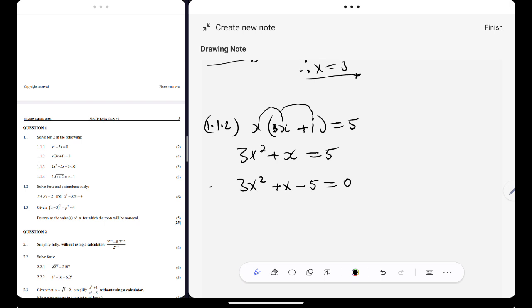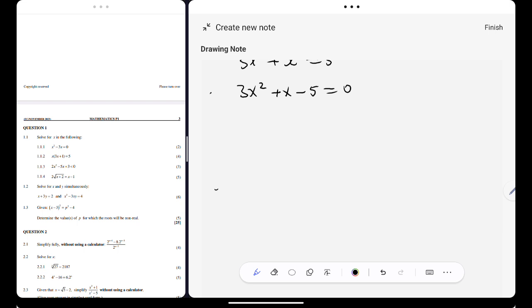Then I go to the fourth step. It simply says factorize. In this case, I cannot factorize because there are no factors for this equation. So I just have to use my quadratic formula to find the solution.